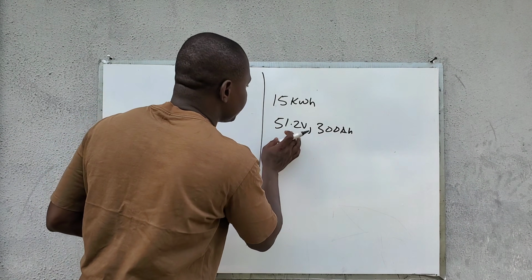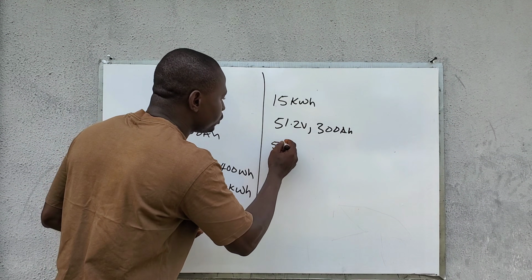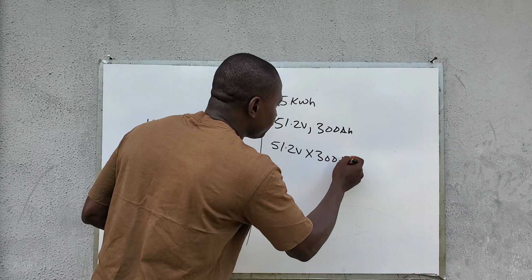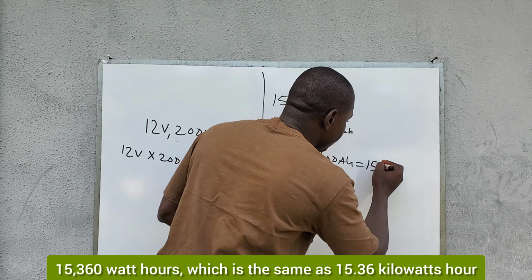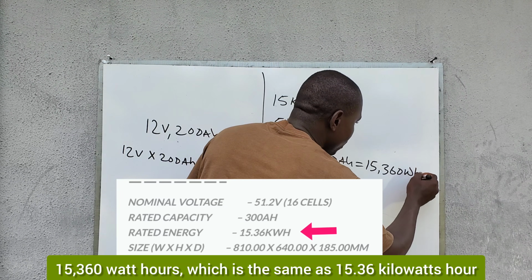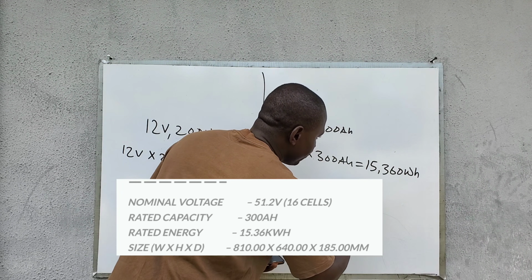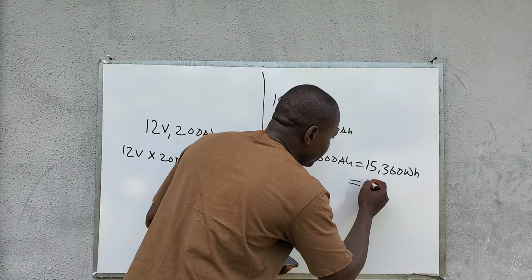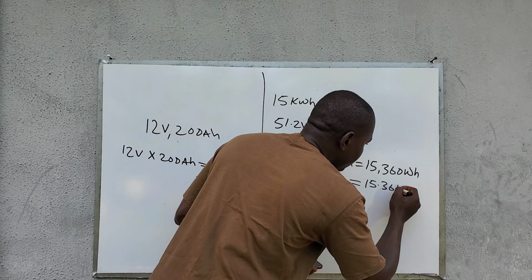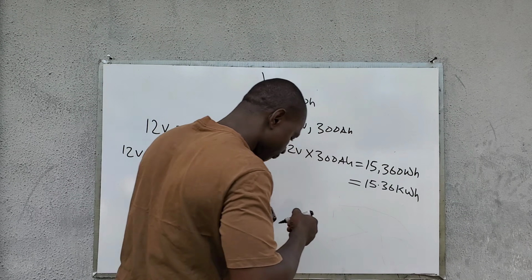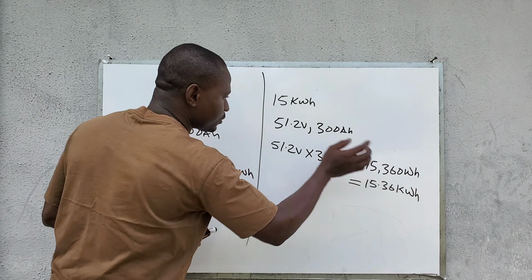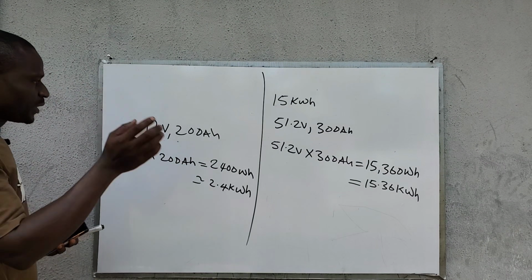Now, this is 51.2 volts multiplied by 300 amp hours, which gives 15,360 watt hours, the same as 15.36 kilowatt hours.